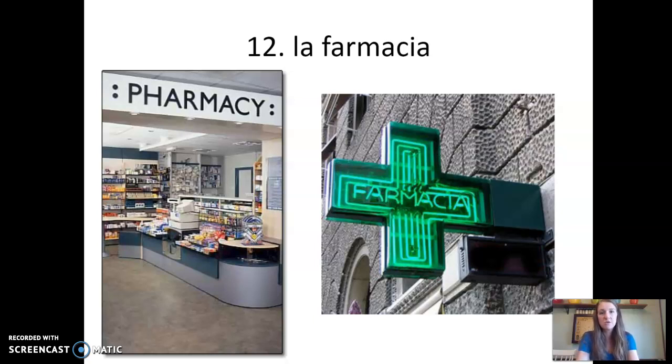The way it works here is you go to the doctor, they give you a prescription, they send it to the pharmacy, and then the pharmacist gives you the medicine. In Europe, it's kind of the opposite. You would go to the pharmacy first if something's wrong with you. They would try to help you, give you a prescription, give you medicine, do a diagnosis for something minor. If they can't help you or it doesn't work or they don't know what's wrong with you, then you would go to the doctor. So it's kind of opposite.